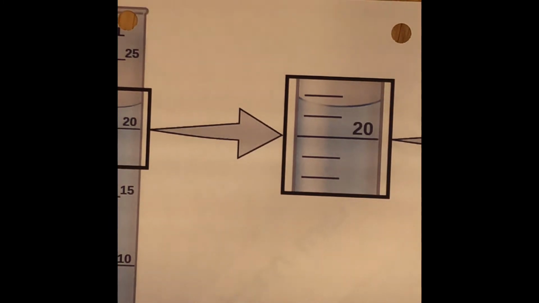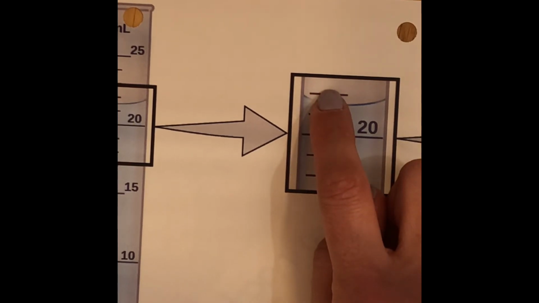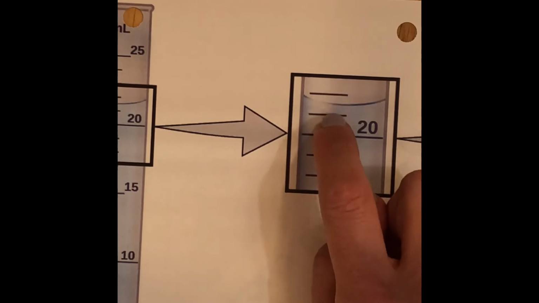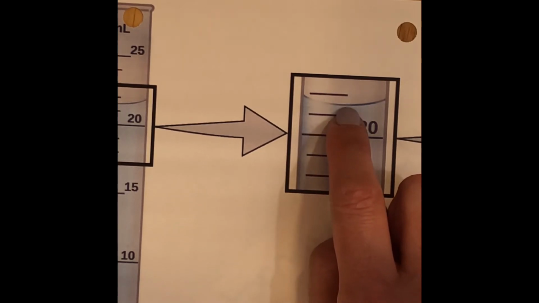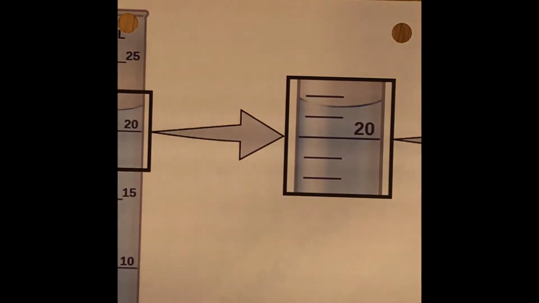So in this instance, I'm certain that this is 21, and then I know that's 22, and so my reading is between 21 and 22. So I look here at the bottom, and maybe I'm going to estimate something like 21.6, maybe 21.5. Both would be acceptable.